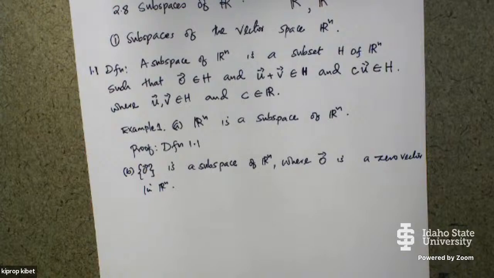So we have the two of them. We have the whole set, and then we also have the zero vector. So both of them are the subspaces.